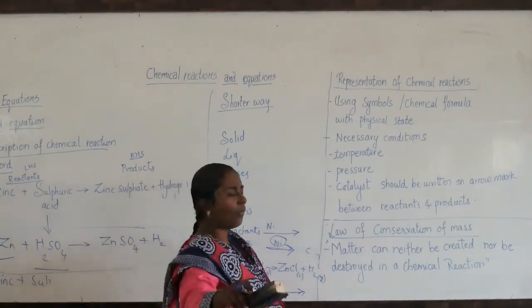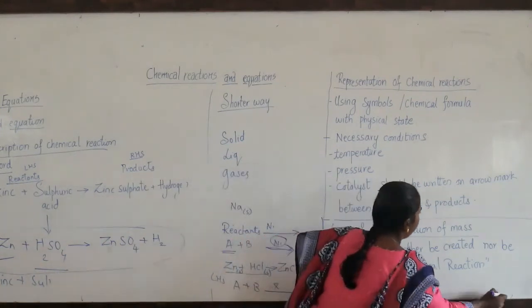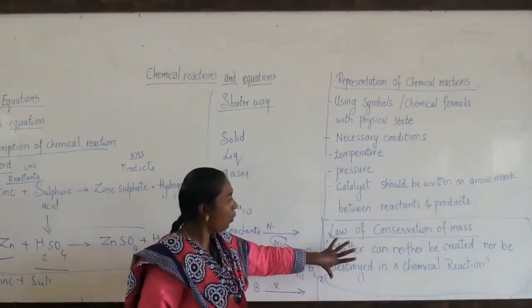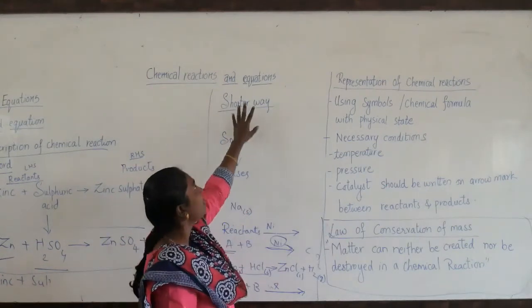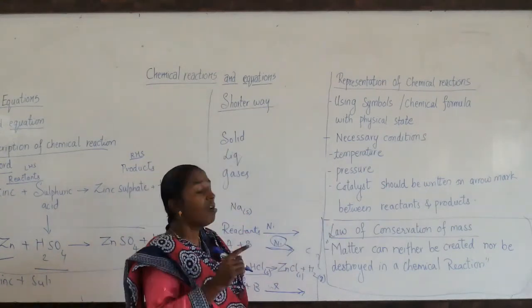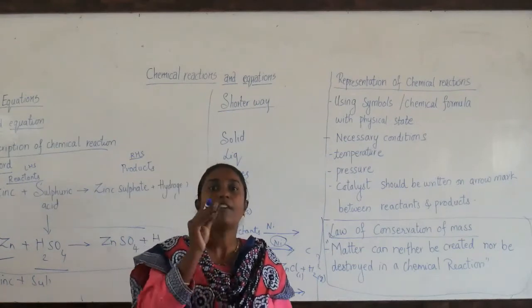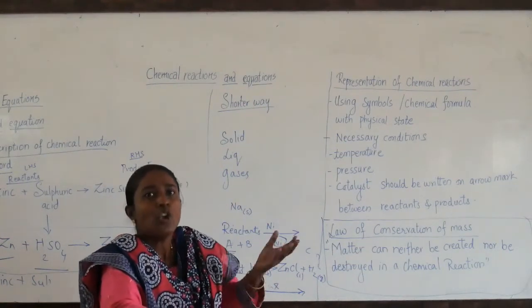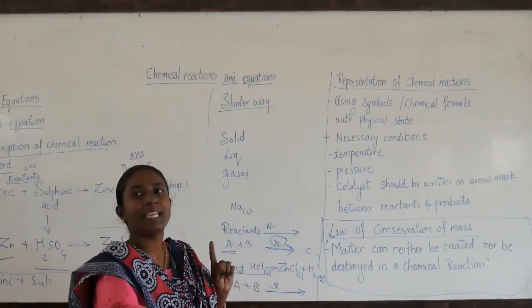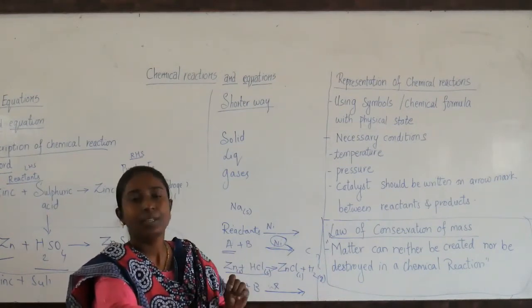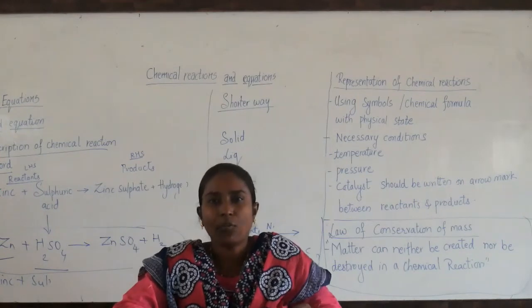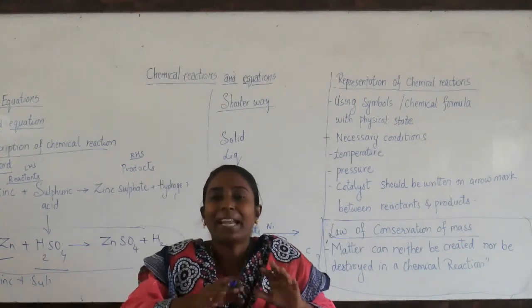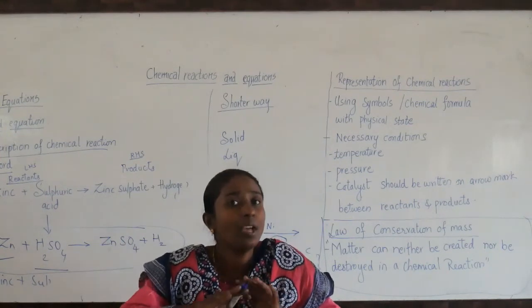Now, most important of all, this you have to learn by heart, because the whole concept of chemical reactions and equations depends upon the law of conservation of mass, which states that matter can neither be created nor be destroyed in a chemical reaction. A new product is formed, but the matter which is present in that is not destroyed.